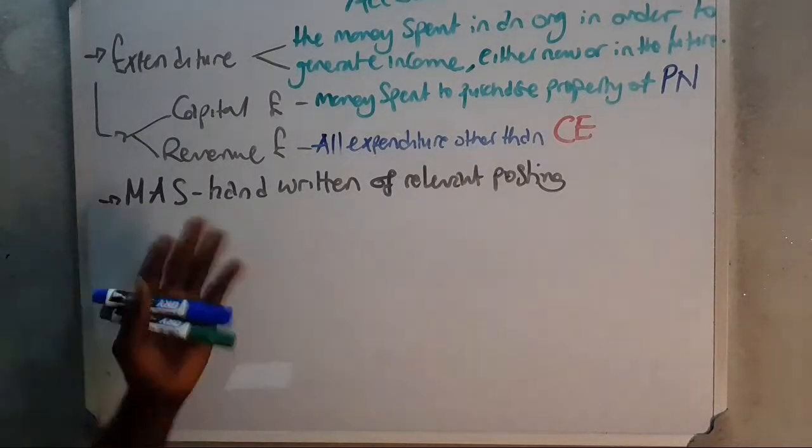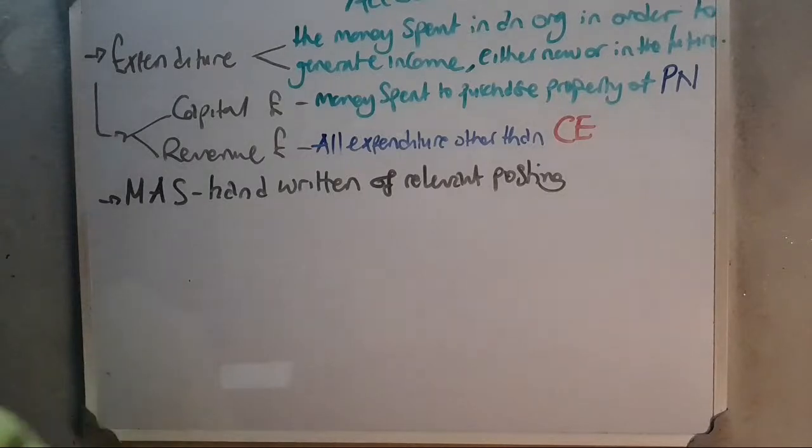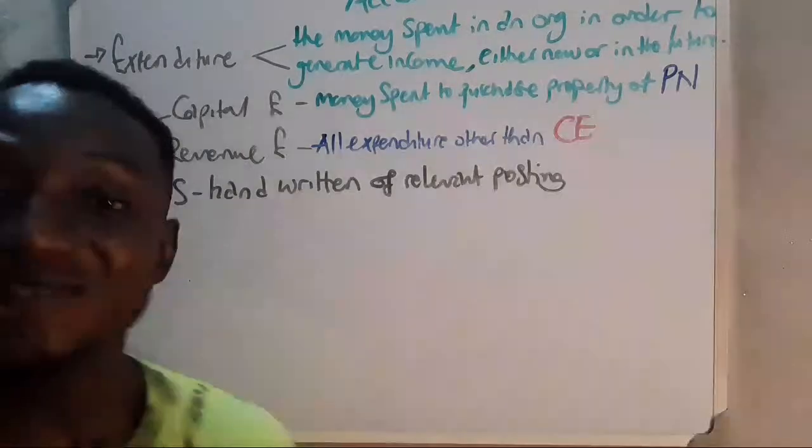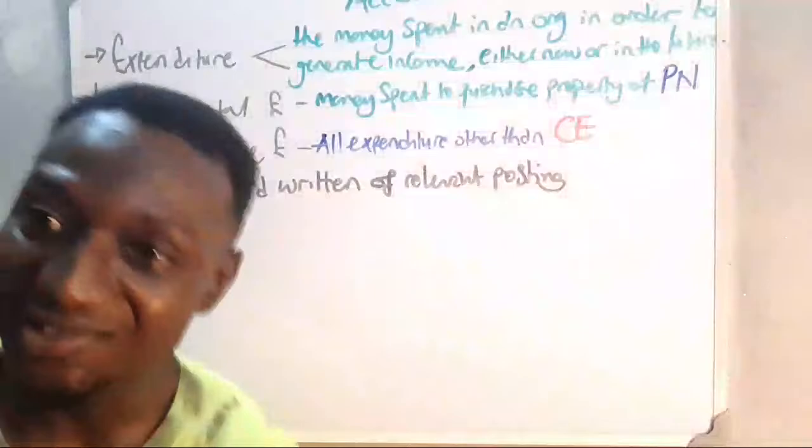So manual is the opposite of mechanical. Manual is handwritten; mechanical is the use of computer. And definitely, if you are using hand to write, you are prone to making mistakes as a human being. That's one of the disadvantages.